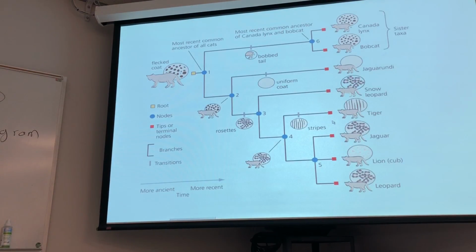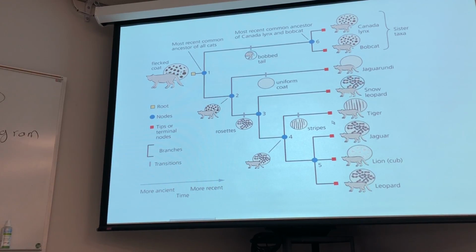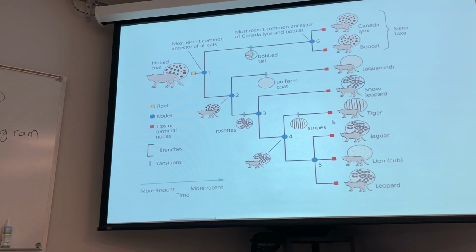Let's go back to this tree. With one exception, all of the branching in this tree is dichotomous. What is di? Two. Cato comes from a term referring to splitting or cutting.